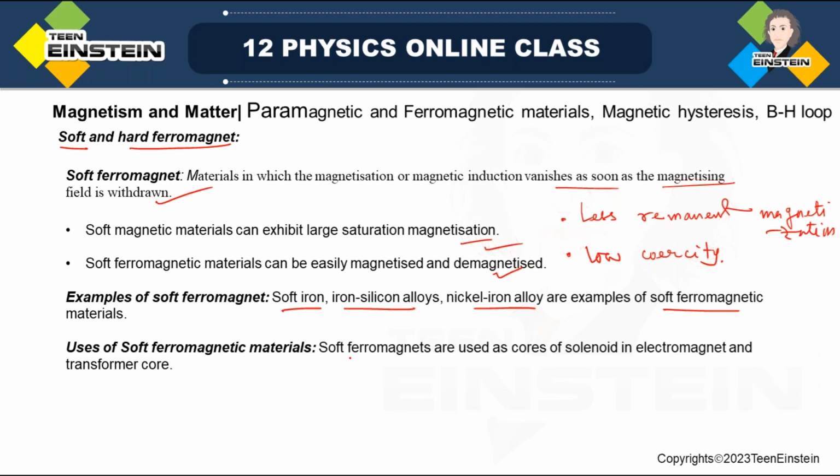And where are these soft ferromagnetic materials being used? They are used in a solenoid, where an electromagnet is being designed. As a core, soft magnetic materials are used: cores of solenoid in electromagnet.